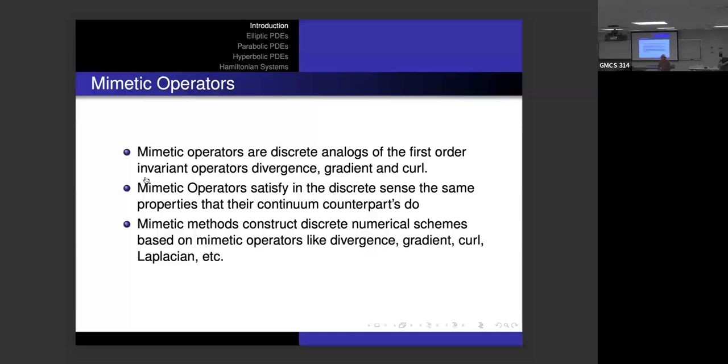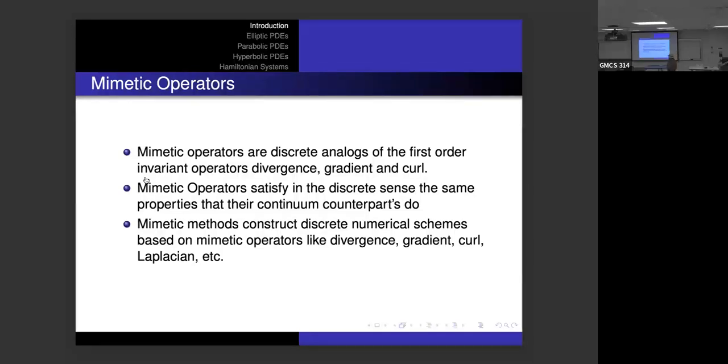What we do is write the equation in vector form, and the scheme that we build is based on using what are called mimetic operators. The mimetic operators are discrete analogs of the first order invariant operators: divergence, gradient, and curl.